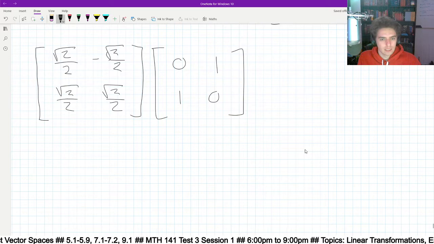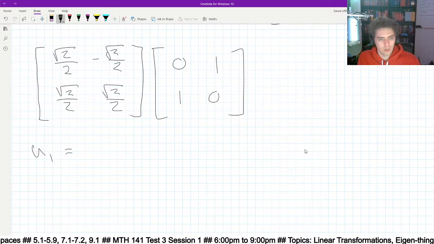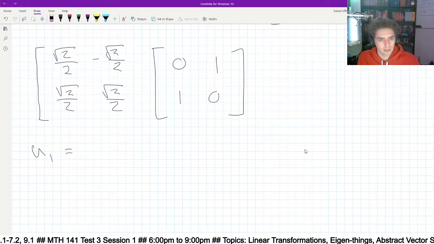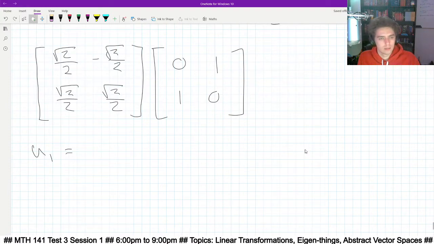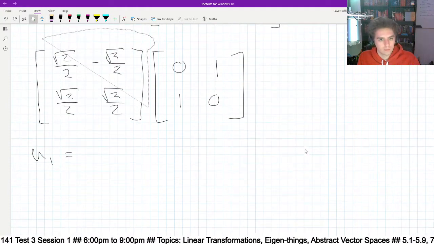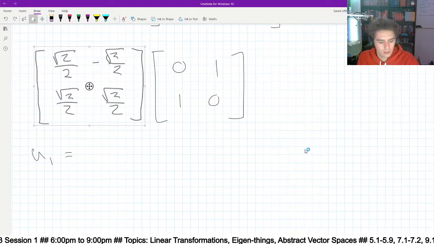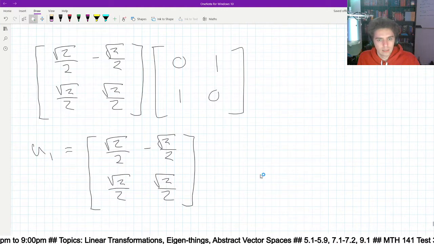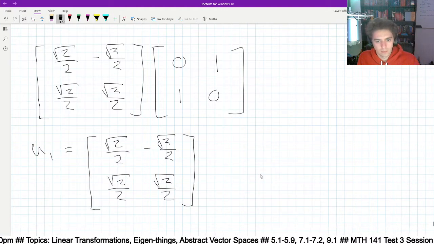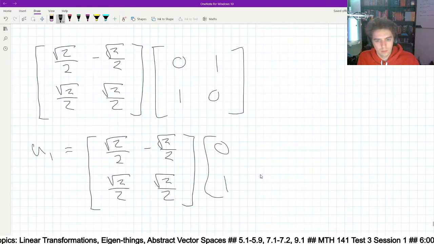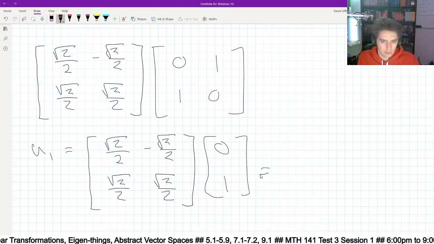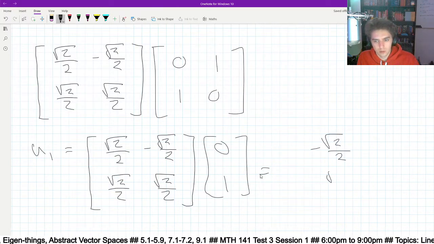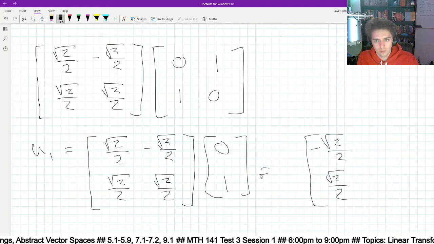So anyway, this multiplication will have 2 columns. U1 is going to be, I really don't want to write this a million times, so I'll just copy and paste this. So it's going to be that times 0, 1, which is going to be 0 times that, and then 1 times that, so it's going to be negative root 2 over 2, root 2 over 2.